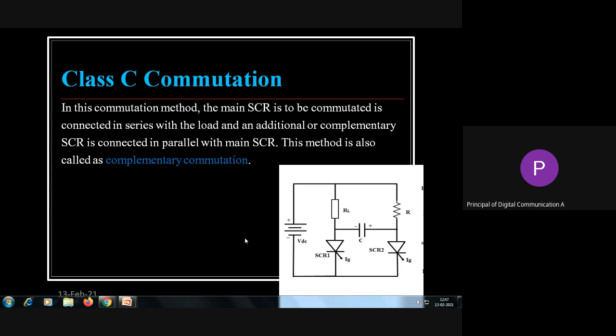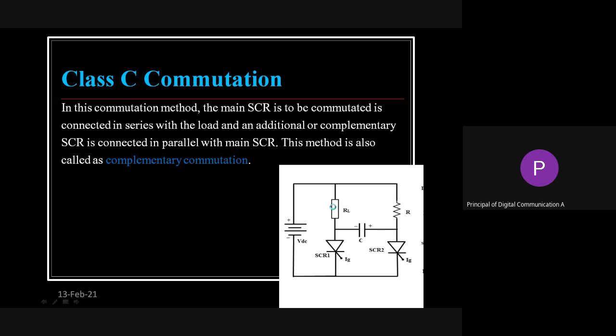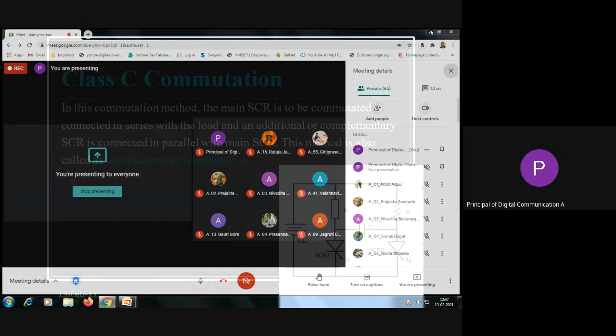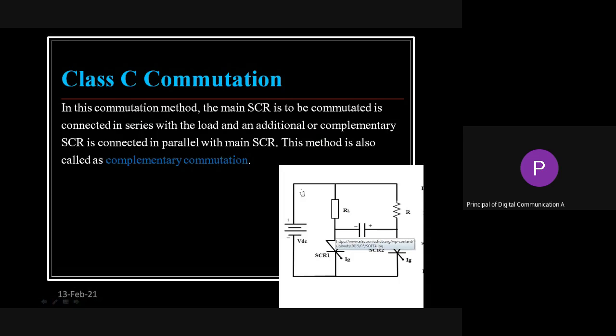As the SCR1 becomes on, this input voltage supply is also provided, so current is going to flow in two loops. So what is this loop? E plus, see the cursor, E plus through RL to the SCR1 and back.